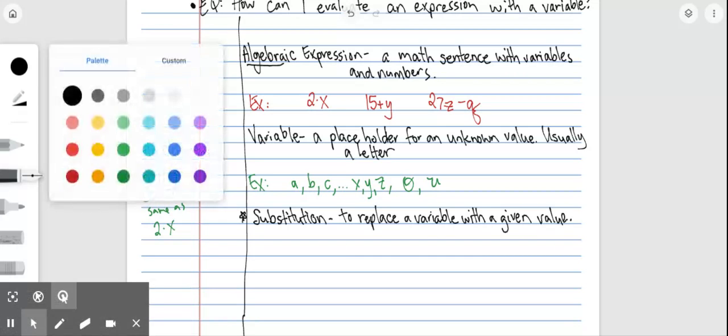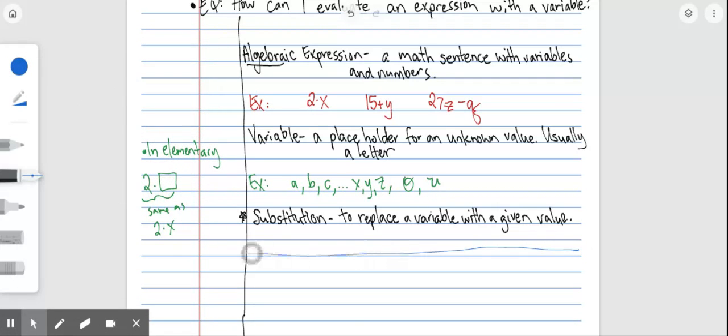All right, so then let's start with our first example. So my first example is I've got an expression. Let's just start with 2x, 2 times x. And I want to evaluate it when x equals 4. Okay, so when I substitute, what I do is I take this x equals 4 and I look at the original expression and I find any place where I've got the variable x.